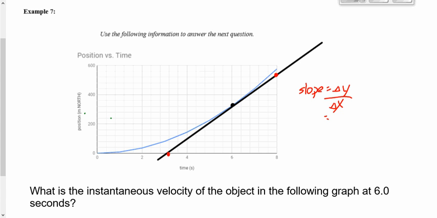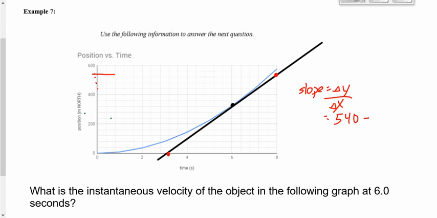My displacement is going to be what? I think I'm right here. 400, 440, 480, 520. Looks like about 530. I think it's about 540 actually.